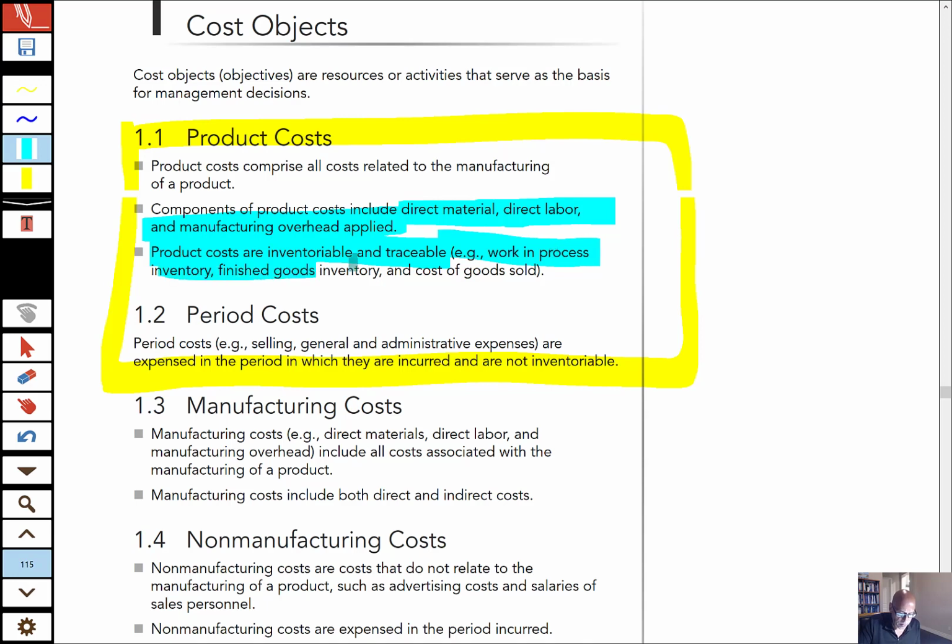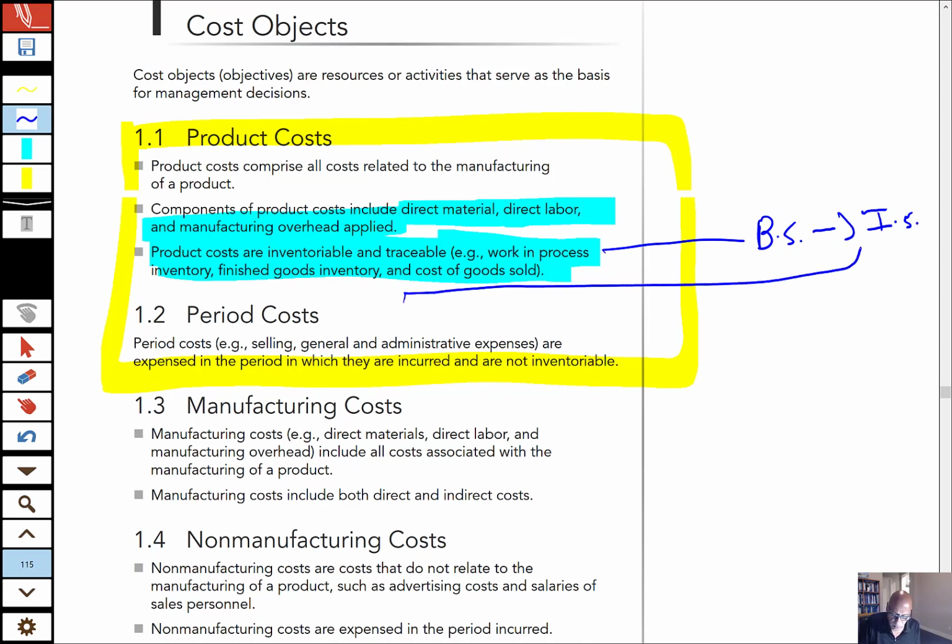And notice they talk about how it works through work in process, from work in process to finished goods, and then from finished goods to cost of goods sold. So that's basically telling us that our product costs are going to first reside where? On the balance sheet, and then as we sell the product, they will go to the income statement in the form of our cost of goods sold, right?